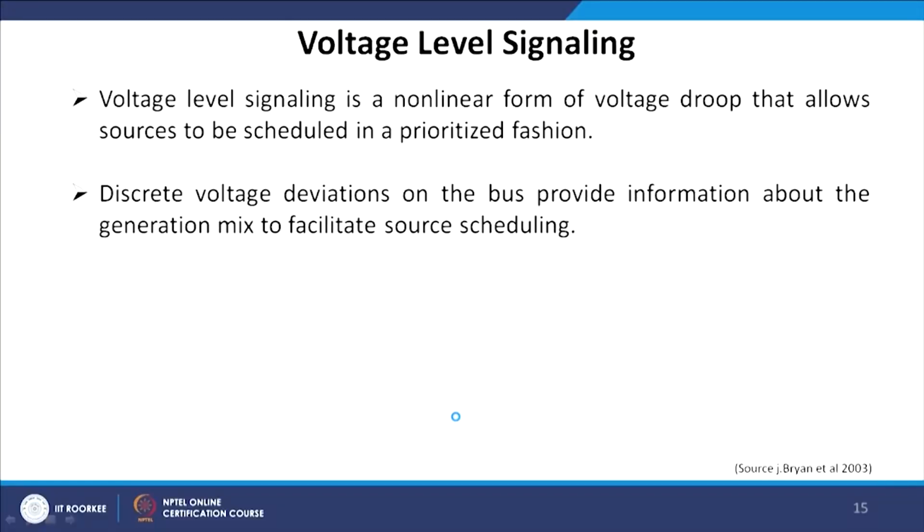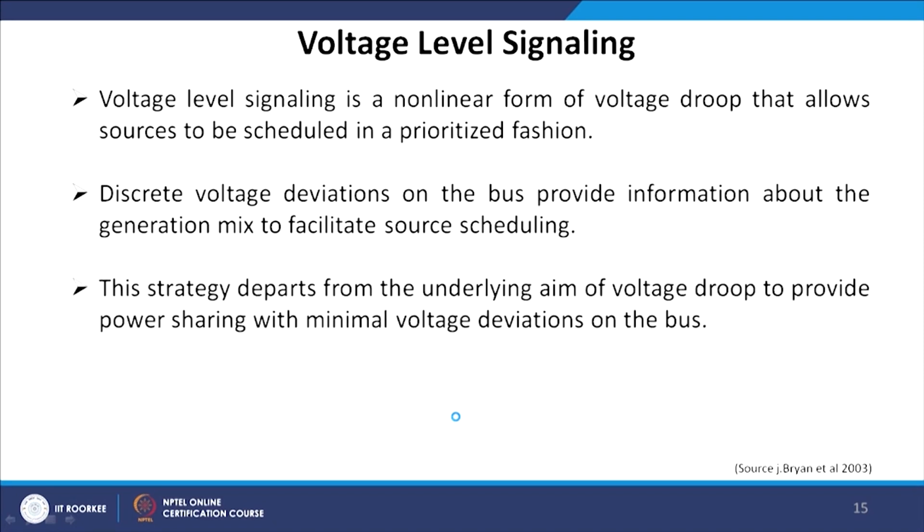Now, let us move into the voltage level signaling approach. Voltage level signaling is a nonlinear form of voltage droop that allows sources to be scheduled in a prioritized fashion. Discrete voltage deviation on the bus provides information about the generation mix to facilitate source scheduling.